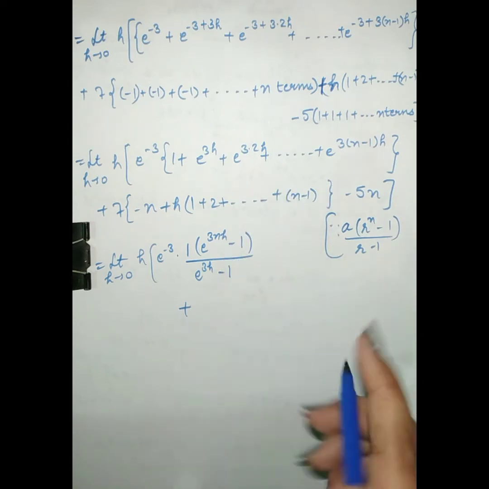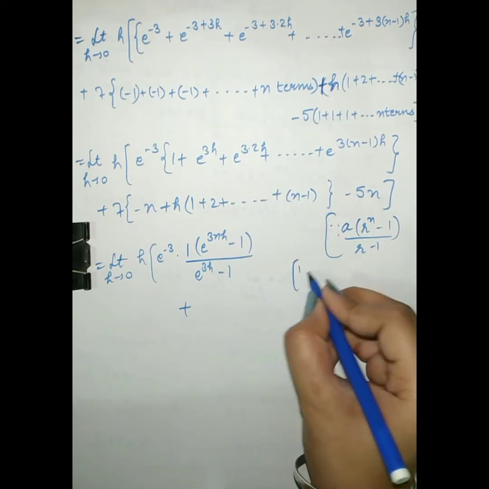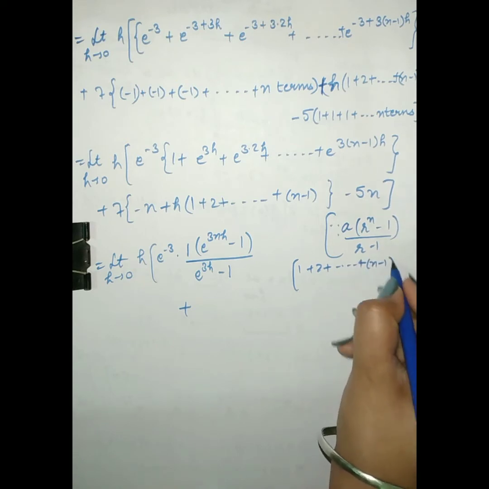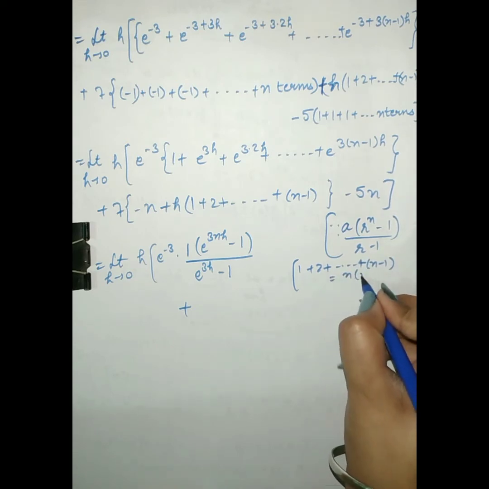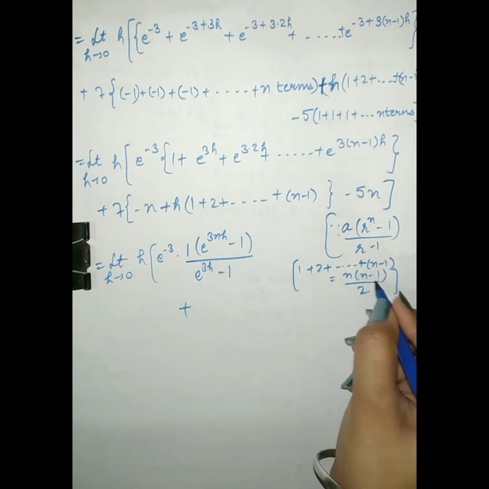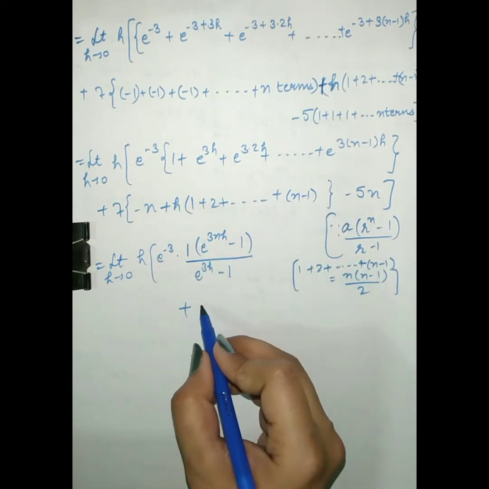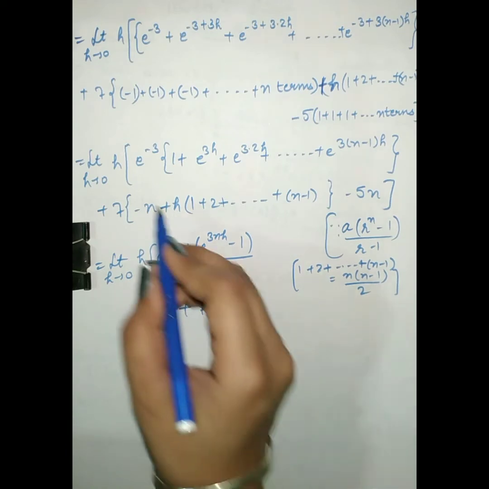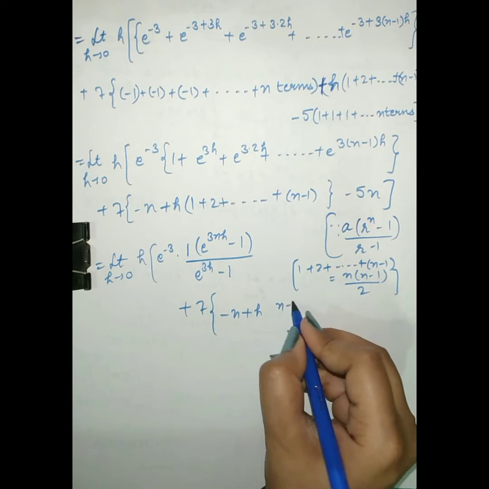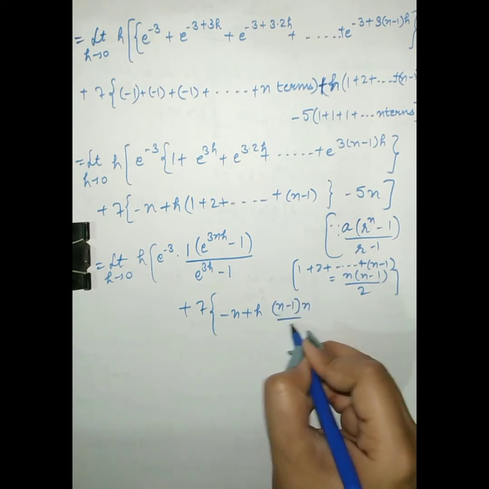By using the formula of this 1 plus 2 plus up to n minus 1 terms, which will be equal to n into n minus 1 upon 2. By using this formula, here we get the value of this is 7 into minus n plus h into n minus 1 into n upon 2.